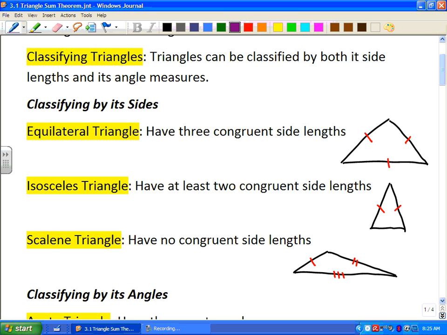You have three congruent side lengths. Remember, congruent means equal. We talked about the word equilateral in the last section. Equilateral meant a regular polygon. Okay, it means all the sides were the same. If all three sides are the same, you have a triangle. It's equilateral, so we call that an equilateral triangle. So those two definitions, you should have put those together already, just based on the last section.